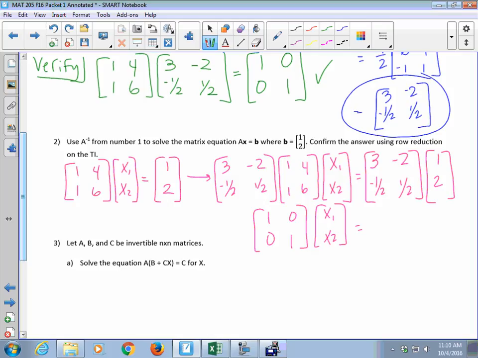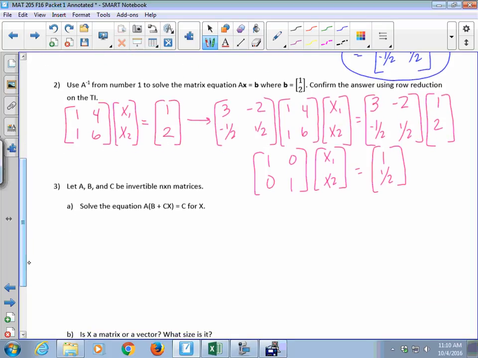So that would be 3 plus negative 4 is negative 1. And then negative a half plus 1 is 1/2. And then what's the identity times the vector x1, x2? x1, x2, yeah. So this is the answer. There's your solution.